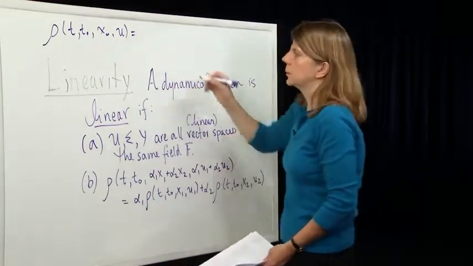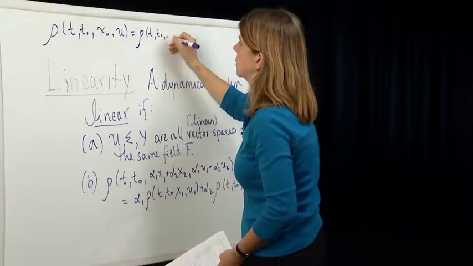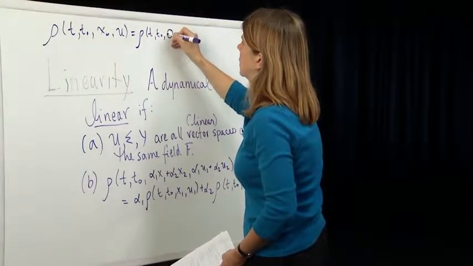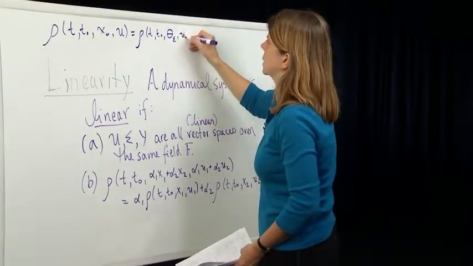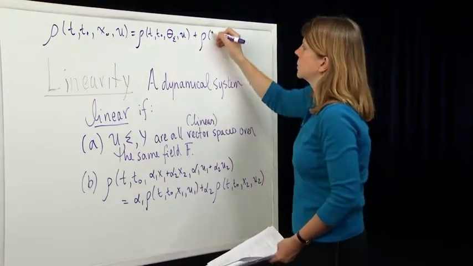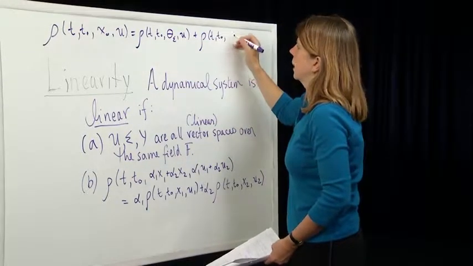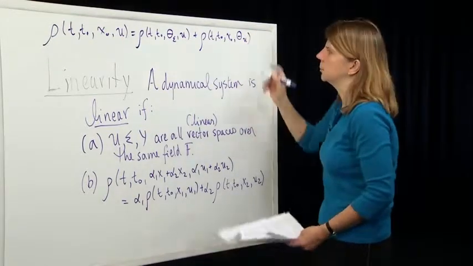That's going to be equal to the response at time t, given that we started at time t0, given that we started at the 0 initial state, and we use that input, plus the response, given that we started at that initial condition, but that we used the 0 input.